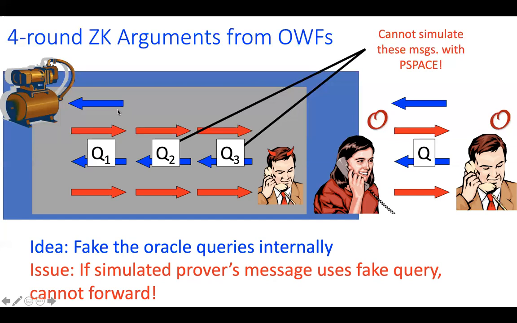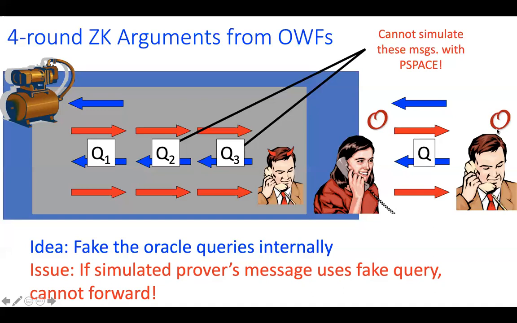So I create new randomness and new queries that are consistent with the first message, and this can induce collisions. So the simulator must work with a one-way function oracle, which is different from a permutation because there are collisions. This is exactly the point where we use it, but still there is this problem of forwarding.